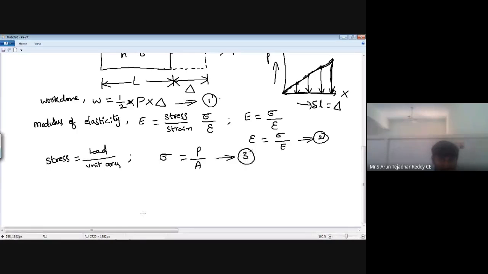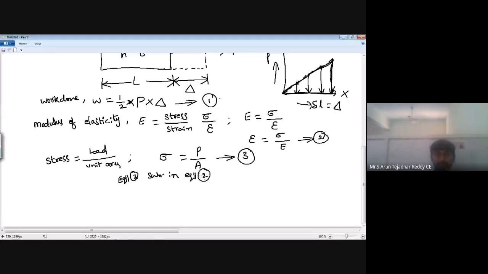This equation 3, substitute in equation number 2. It means equation 2 is here: strain is equal to stress by modulus of elasticity.